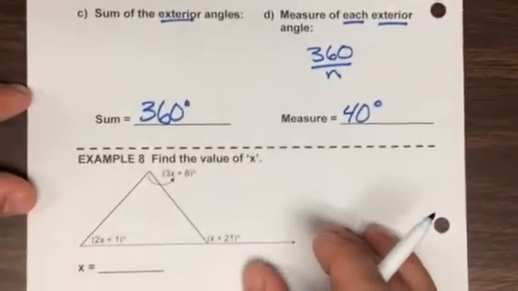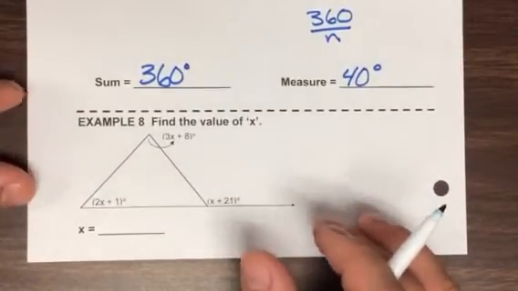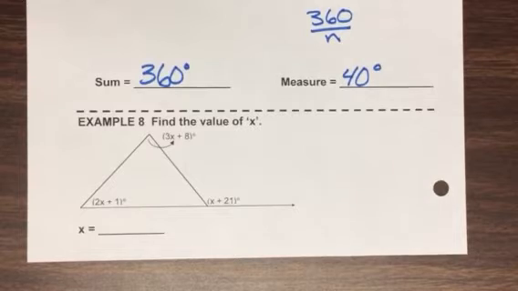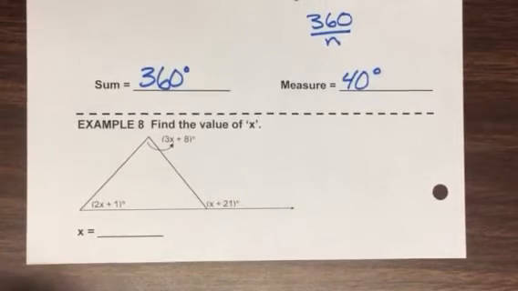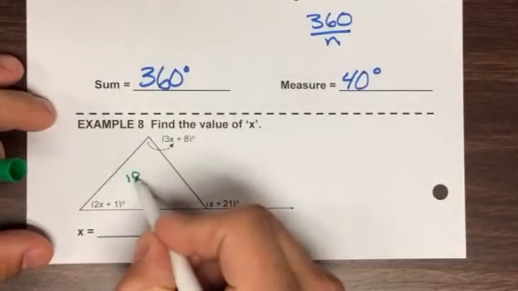Okay, so looking down at example 8, this is a bit of a review problem because we are looking at an exterior angle here, but this uses a theorem that we've already talked about. We know that there's a total of 180 degrees inside my triangle.